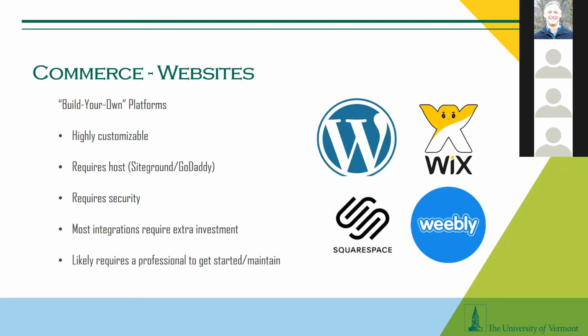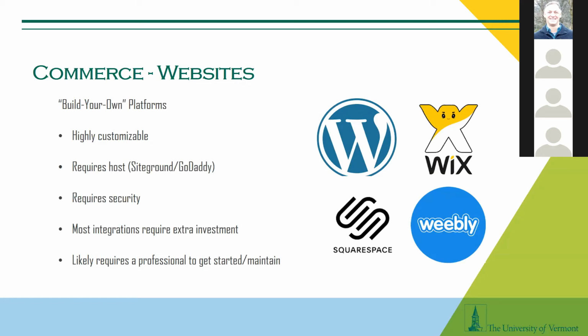Another thing, if you want to get into really making your own style website, if you have some creative ideas and want to add your own creative stylings to everything, go with a build your own platform. The most popular ones are WordPress, Wix, Squarespace, and Weebly.